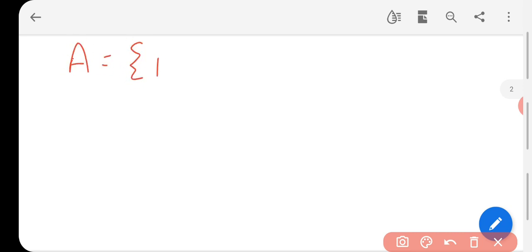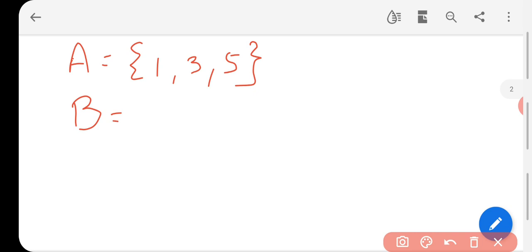Now class, again one most important point in the topic of subsets. A is a set having the elements 1, 3, 5.